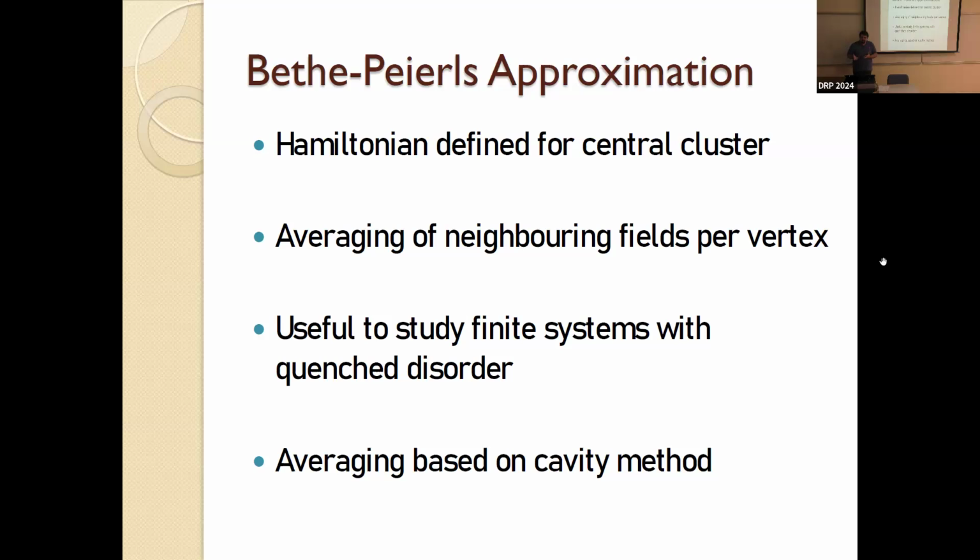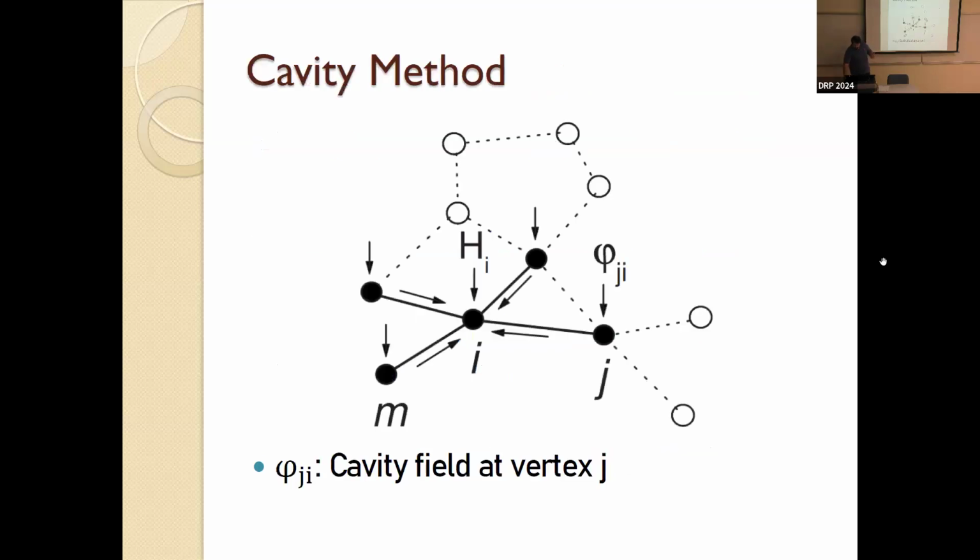For the Bethe-Peierls approximation, the Ising model Hamiltonian is defined only for a central cluster rather than all nodes in the network. And for a central cluster, we have a central node i, for example, and the fields for the neighbors are averaged based on a cavity method, as we will see here.